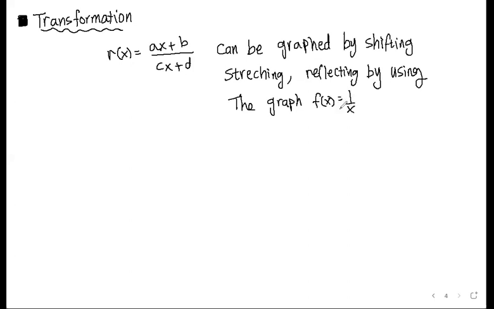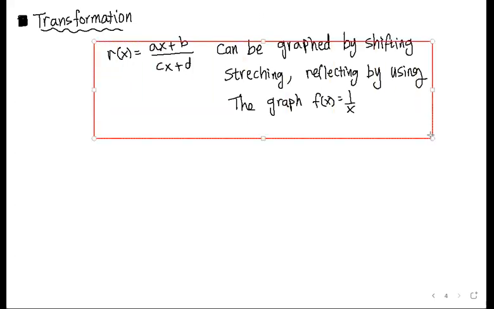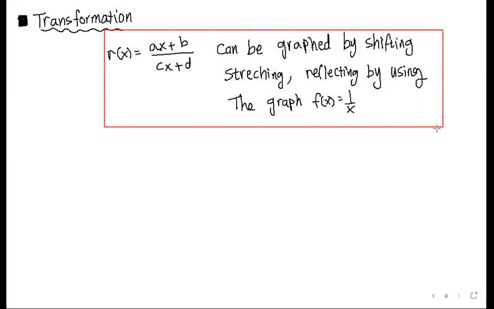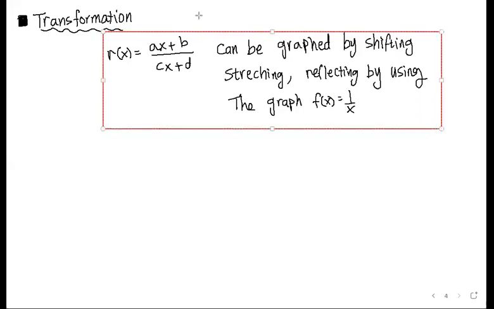So f of x equals 1 over x, I can use as my original function to graph any rational function. Let me give an example of how we can use this function to graph any rational function.